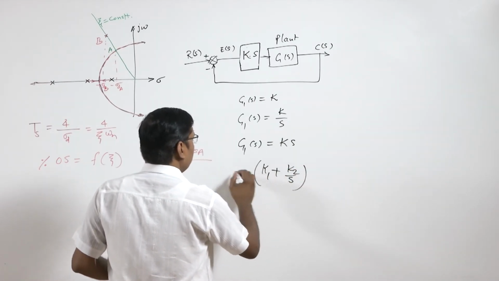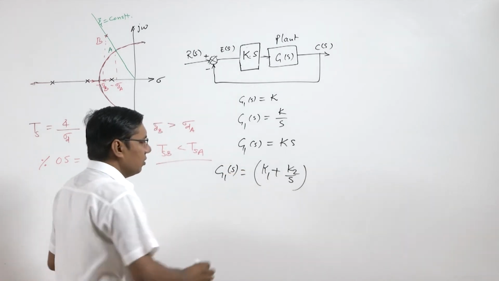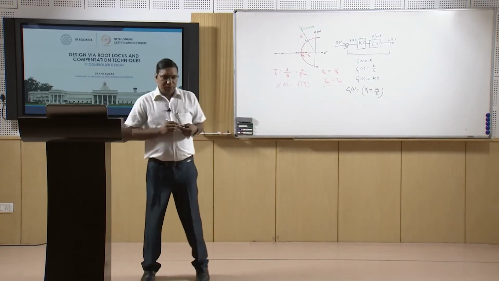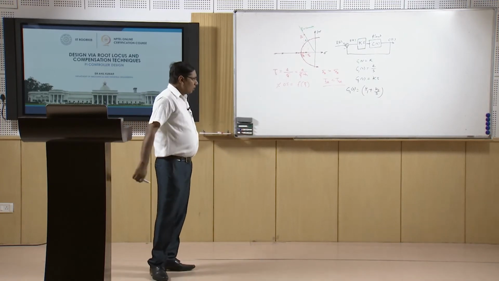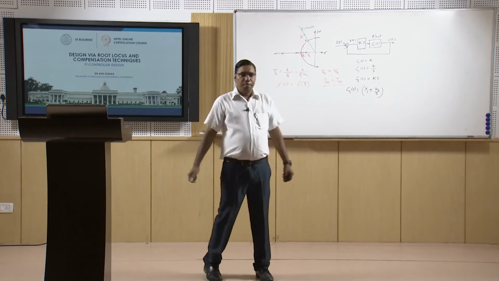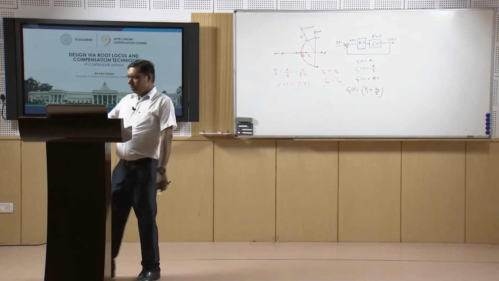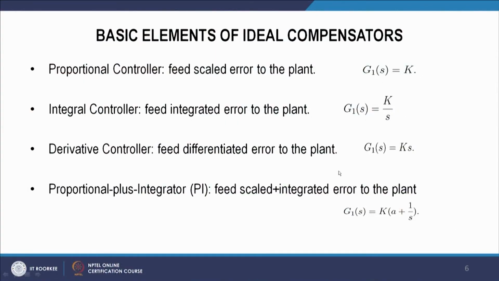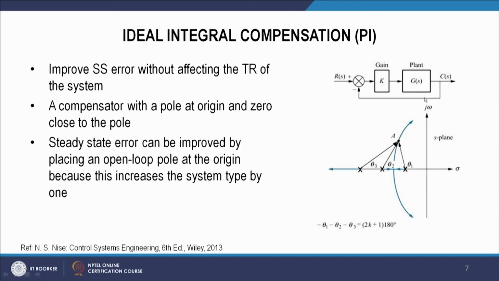This could be the transfer function of the proportional plus integral controller. So here we can see what I discussed. We have those compensators' transfer functions, and we can add these systems before the plant, so we can compensate our system.